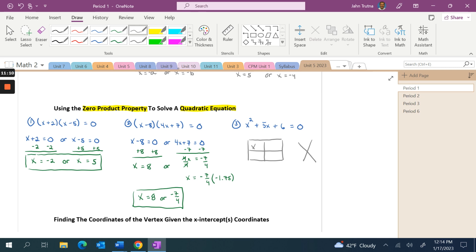So remember, we put the x squared in the top left of the area model. We take the 5x part, we put that in the bottom of the diamond problem. We take the positive 6, we put that in the bottom right of the area model. And then to factor out this equation, I multiply the x squared with the 6, and that is equal to 6x squared.